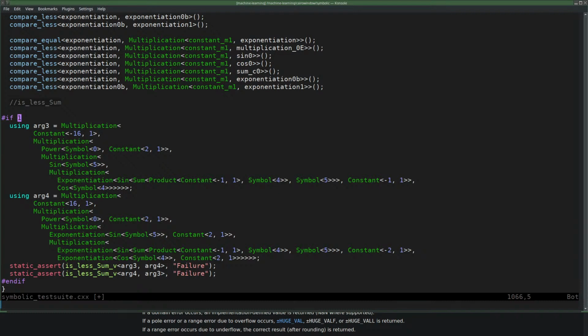And I can delete it if it works. It used to fail. So this is going to test. Ignore the constant. And then the power. Ignore the power. Compare the second multiplication. The sign is then the sign. The sign is compared with the exponent. Exponentiation. This exponentiation is less. So it is actually the other way around, if you ask me.